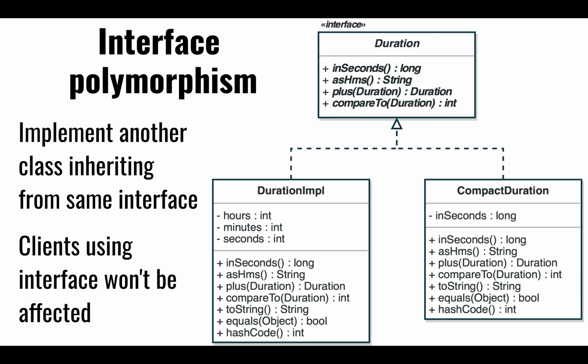So we're going to keep that around, and we're just going to consider the fact that we want an alternate representation. We have a compact duration where we're not going to bother breaking it up into hours, minutes, and seconds. That opened us up to considering two different values that actually had to be represented the same way. An hour and 30 minutes is the same thing as 90 minutes.